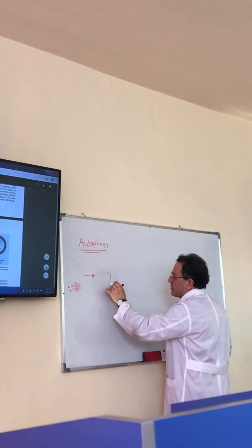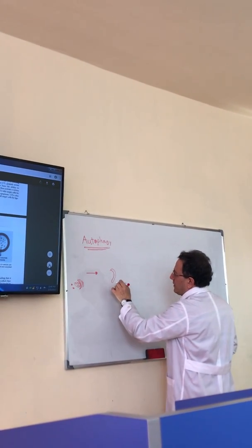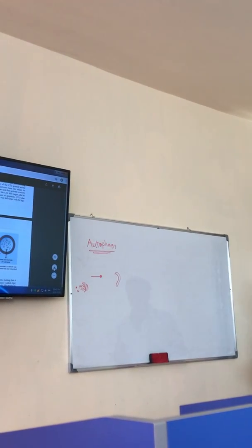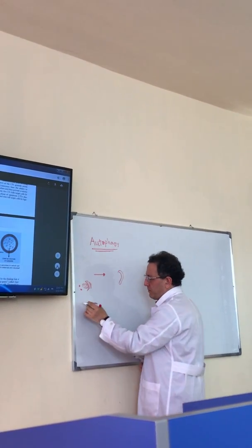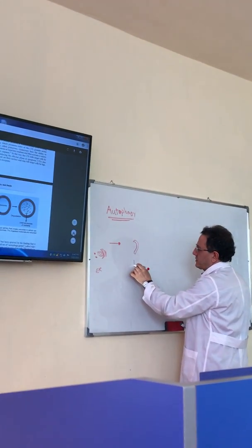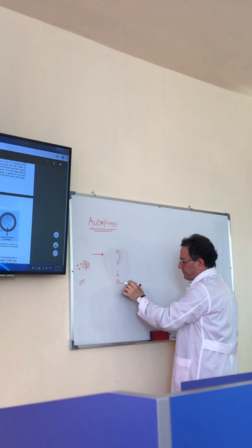A membranous structure first is formed that is believed to be originated from endoplasmic reticulum. This membrane is called phagophore.